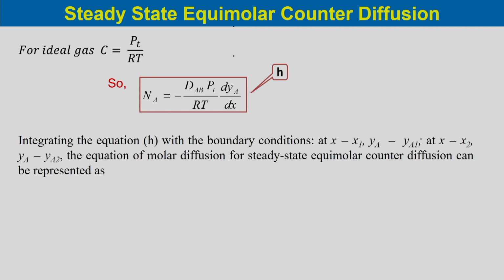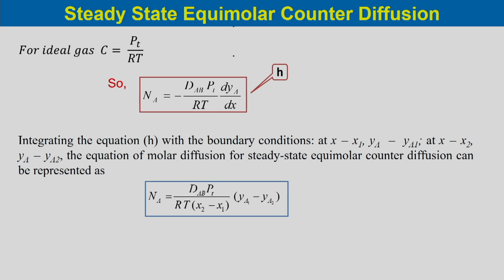Now, if we integrate this relation with the boundary conditions at x equal to x1, yA is yA1, and at x equal to x2, yA is yA2, the equation of molar diffusion for steady state equimolar counter diffusion can be represented as NA equal to DAB PT by RT (x2 minus x1) into (yA1 minus yA2).